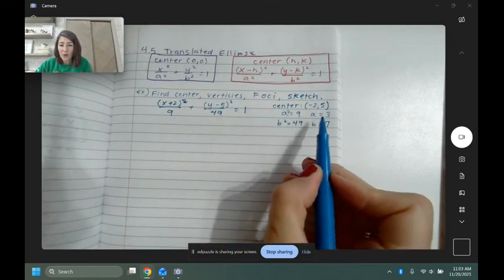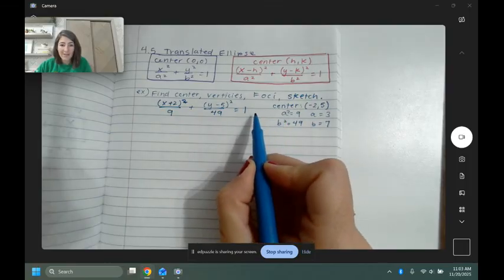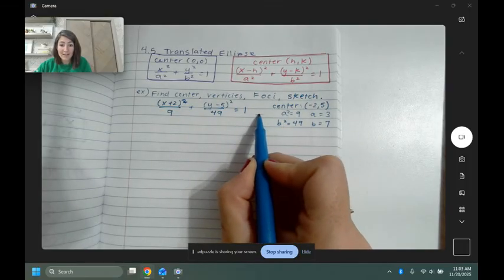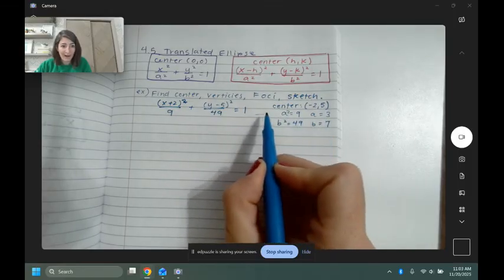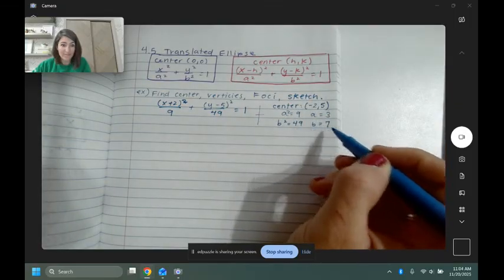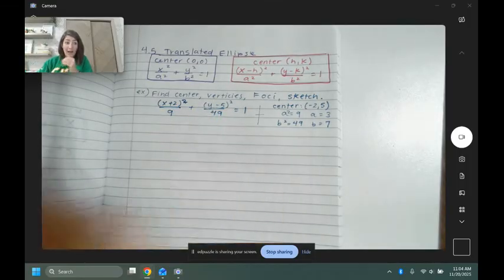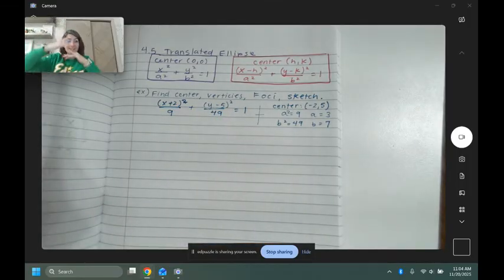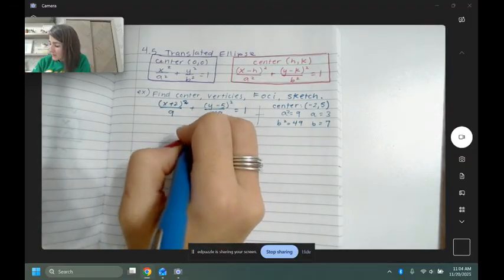I also know that my ellipse is going to have a minor axis that is horizontal because the a is smaller, and the major axis will be vertical because the b is associated with the y. Okay, so here's a graph.